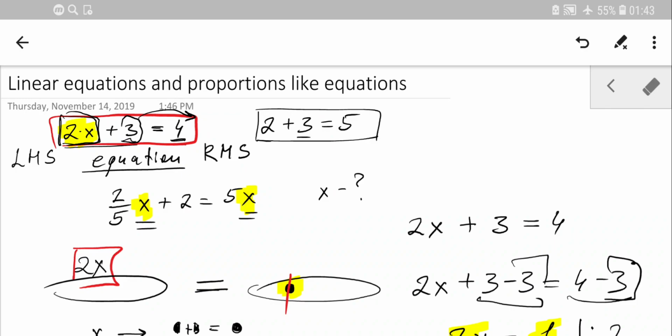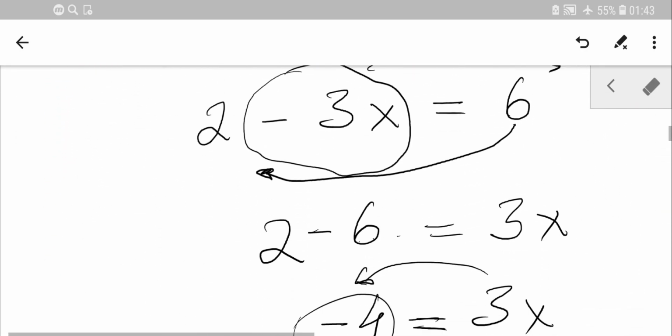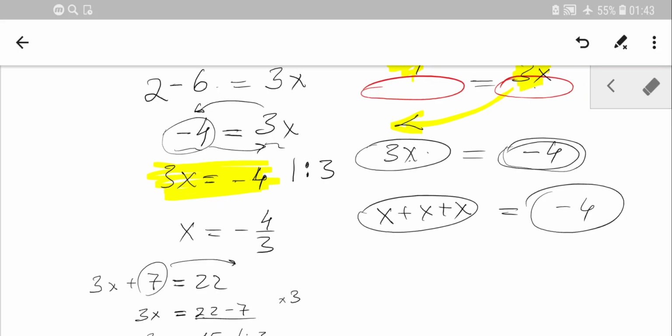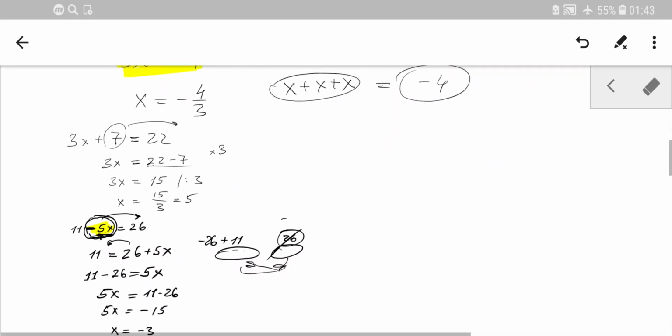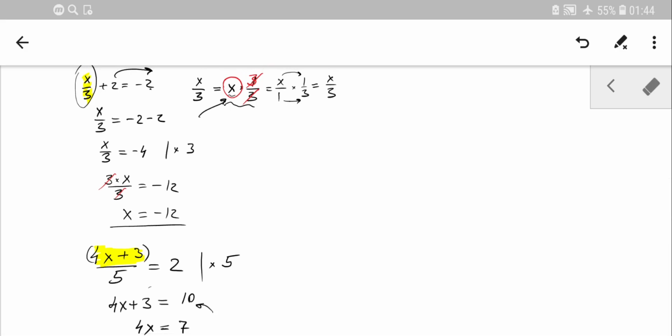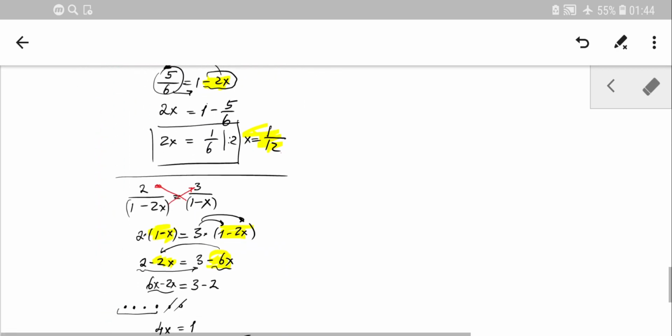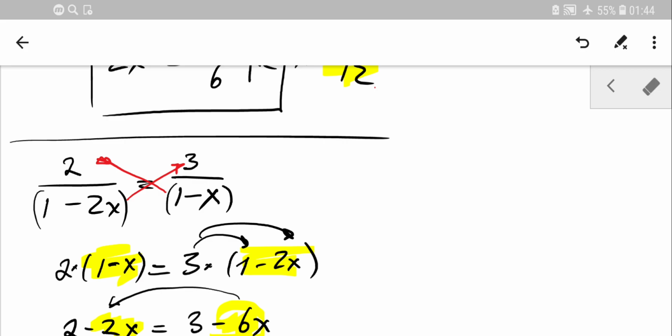Before, we worked out how to solve a simple linear equation with one variable, and we also considered fractional equations. We have proportion-like equations, or basically fractions, and the fractional part might have a variable. The last example we considered had two fractions, both with unknown variables in the bottom part, in the denominator.